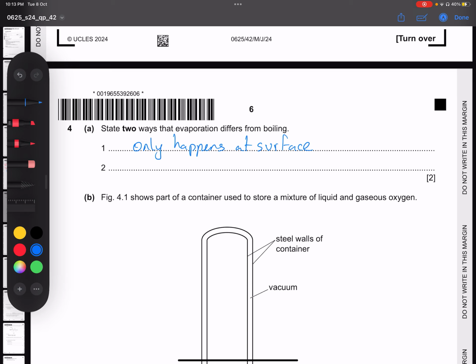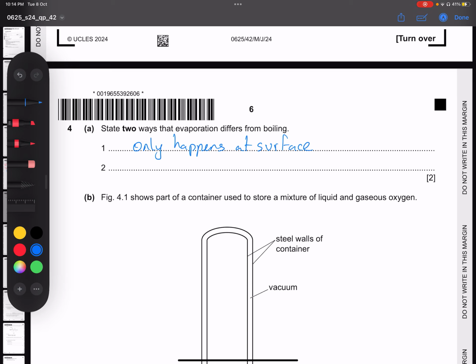Evaporation doesn't need a certain temperature like boiling, which requires a boiling point, a specific temperature, which is required for the atoms and the molecules to break apart from the intermolecular forces and become a gas. However, evaporation happens in a range of temperatures because it's only at the surface.